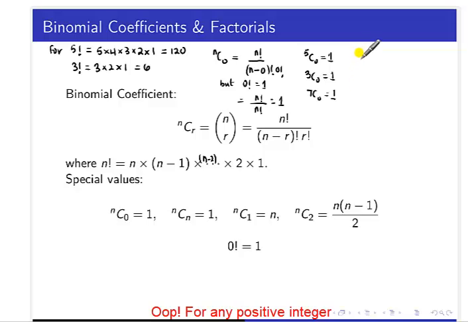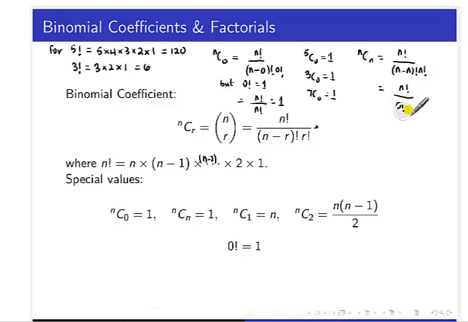Also, for n combination n, using our combination formula, we have n factorial over n minus n in a bracket factorial, and then n factorial, since our r is n. Now this gives us n factorial over 0 factorial times n factorial.